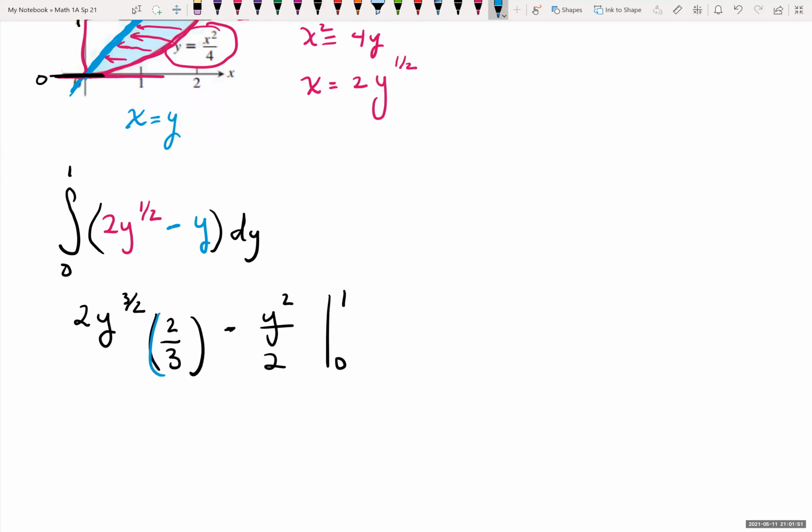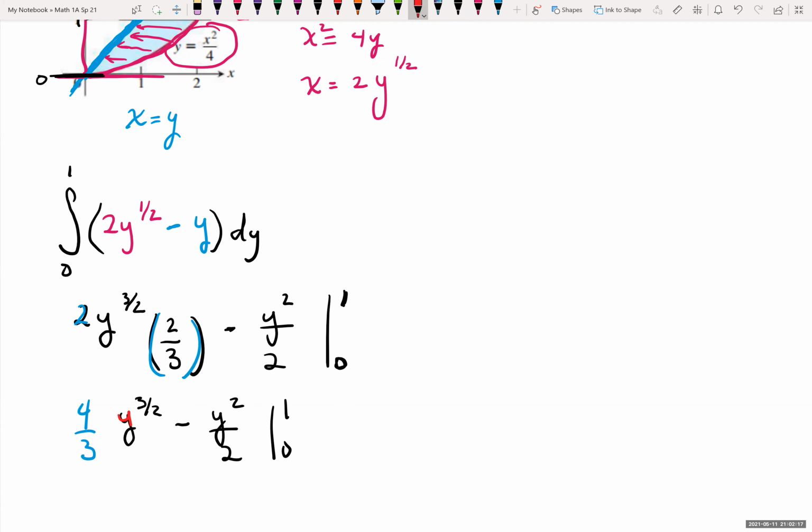So I'm just going to clean this up. 2/3 times this 2, that's 4/3. Y to the 3/2, it doesn't matter in changing that in terms of radical because I'm only evaluating at 1 and 0. If it was other numbers, I would probably rewrite that as a radical. So y to the 3/2 minus y squared over 2, 0 to 1.